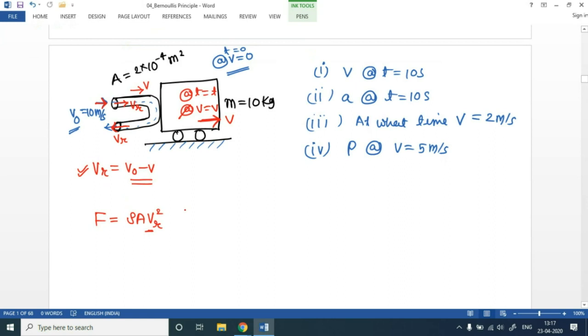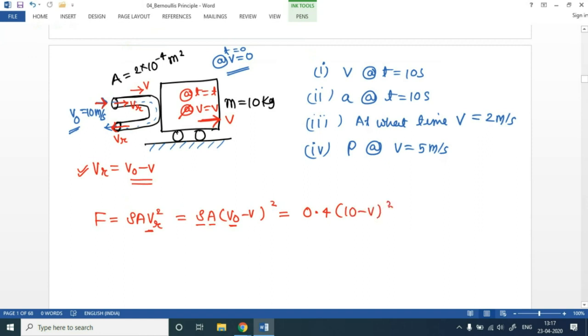So what we can write over here is nothing but rho a times v naught minus v whole square. When you substitute the values of rho, a and v naught, what we will be getting here is 0.5 into 10 minus v square.